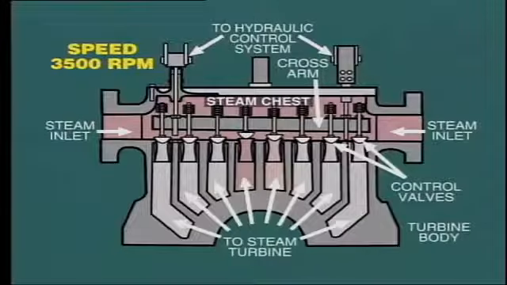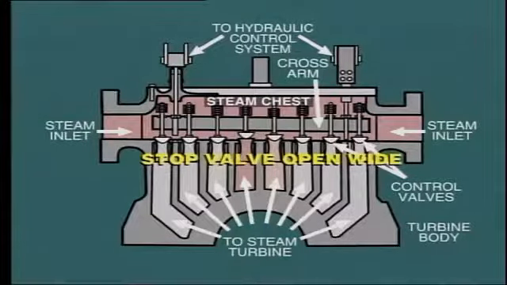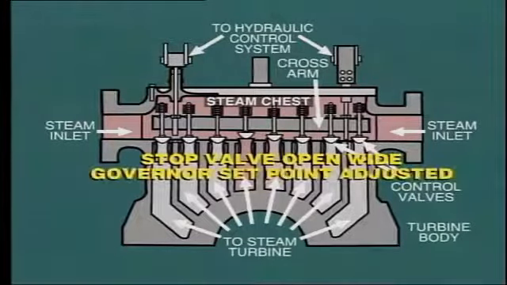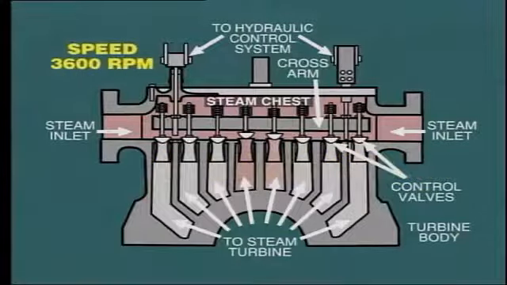With this arrangement, the turbine governor takes control by throttling the control valves as the turbine's speed approaches its normal operating level. The stop valve should now be opened wide, and the governor set point can be adjusted so that the control valves raise the speed to the nominal 3,600 RPM or 3,000 RPM, ready for synchronizing.